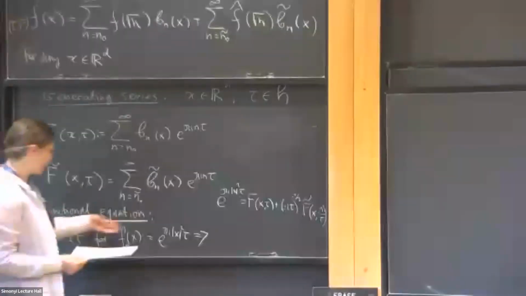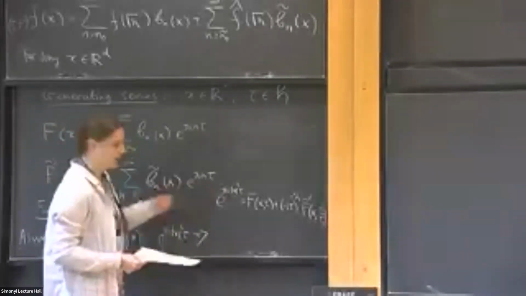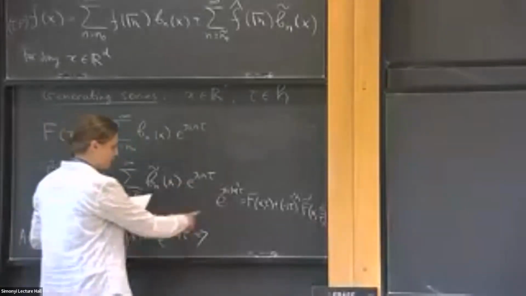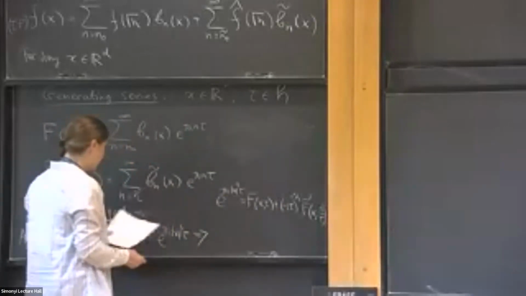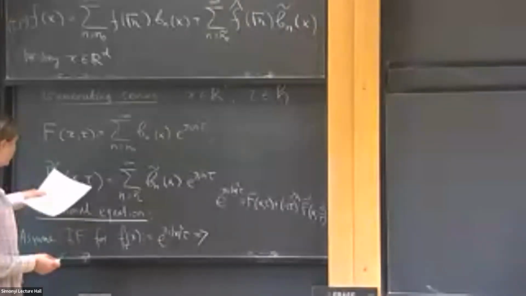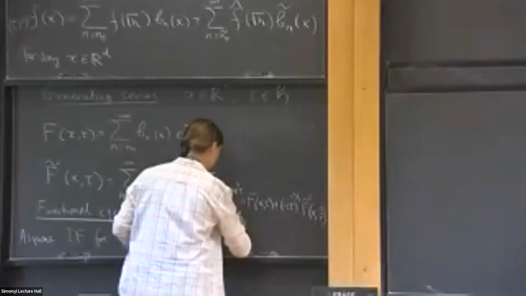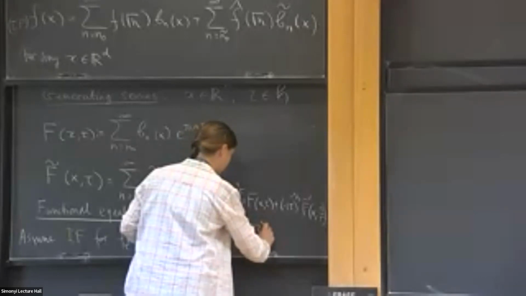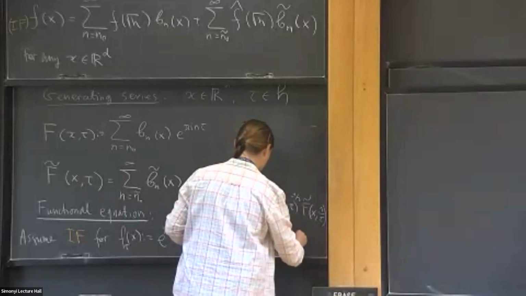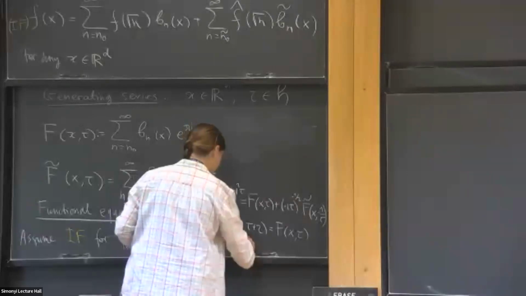This is true because the Fourier transform acts nicely on Gaussians, and we know exactly how it works. This is one equation that we can get. But also, from the very shape of the generating series, we know they are 2-periodic in the tau variable, and F tilde is also 2-periodic.